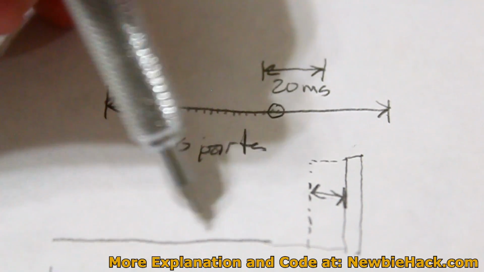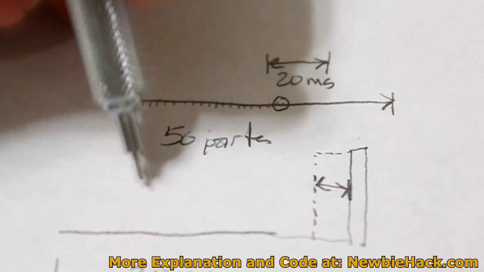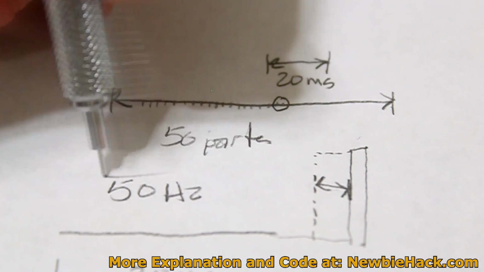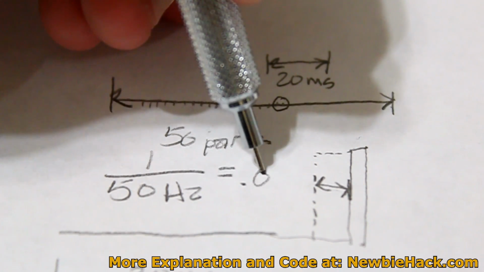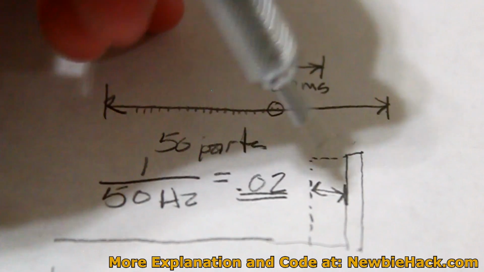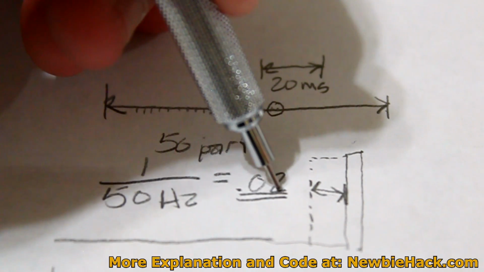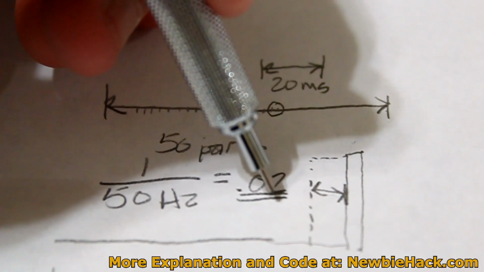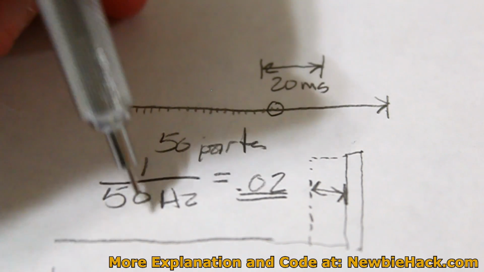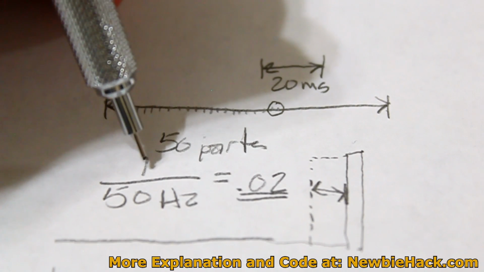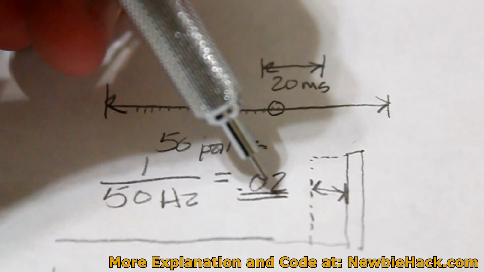And that's because 1 divided by 50 hertz is equal to 0.02. And this number represents 20 milliseconds. Because if you just had 1 here, that would be 1 second, or 1 hertz. 1 over 1. If you had 1 hertz here and 1 on the top, you'd have essentially 1 second.